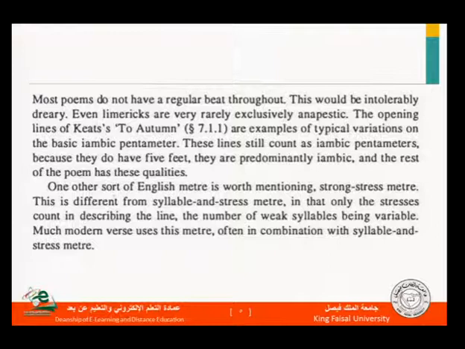This is some elaboration about the English meter system, the English poetry system. We just know that because when you want to translate, you have to know some major ideas about English poetry, while I think you have in your mind some basic information about the system of poetry in the Arabic language.